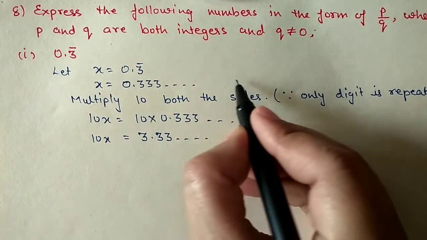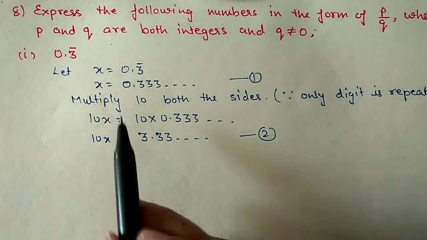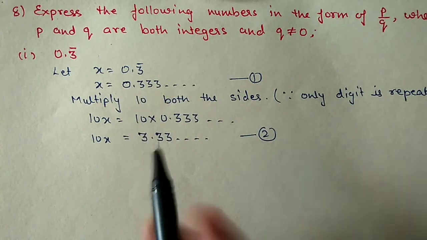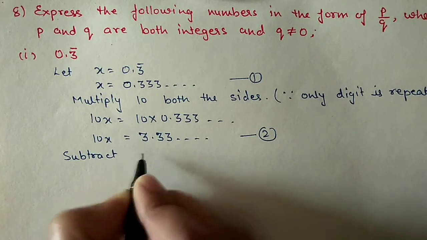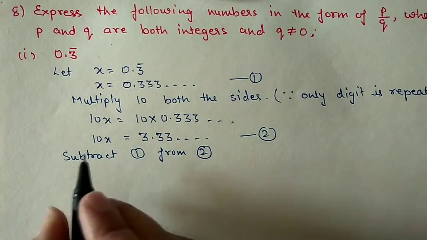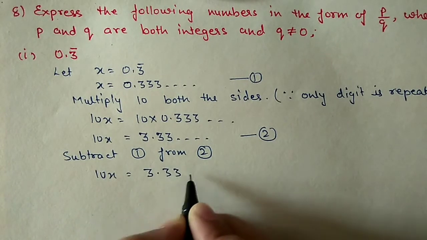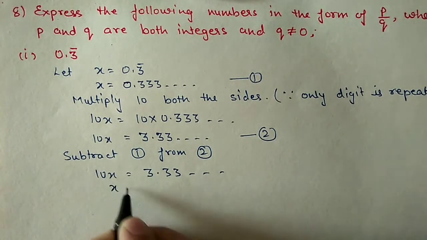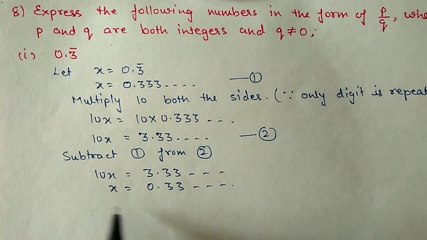Now we have two expressions. One expression is this one and the second one is this one. So we will subtract the first one from the second one. So we will get 10x is equal to 3.333 up to infinity, and x is equal to 0.333 up to infinity.